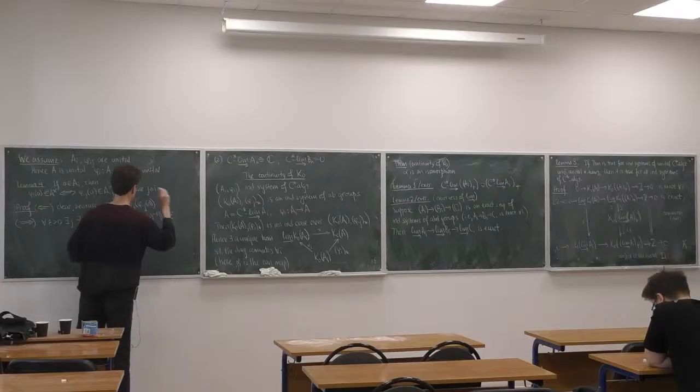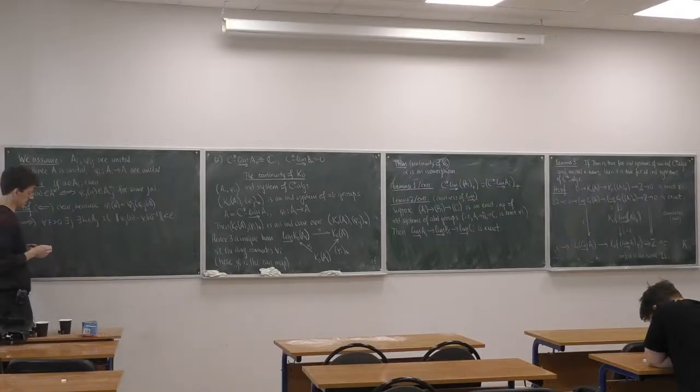This is smaller than epsilon. This is because the union of the images of phi_i is dense in A.